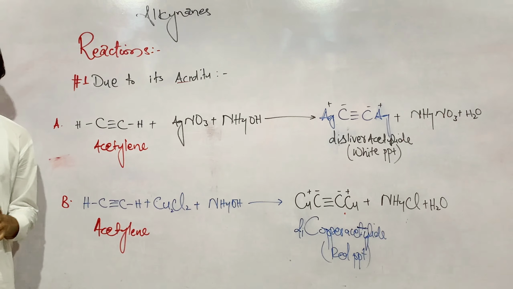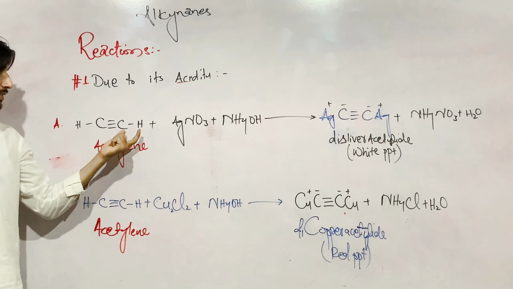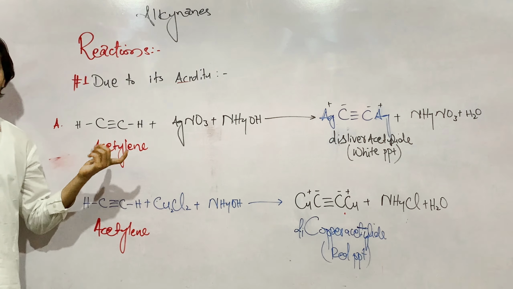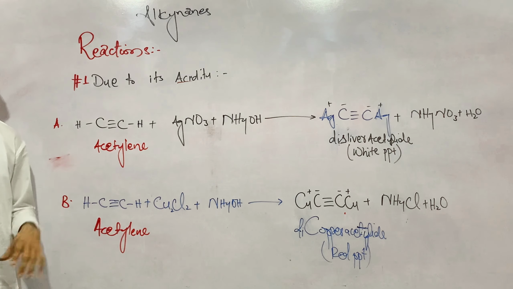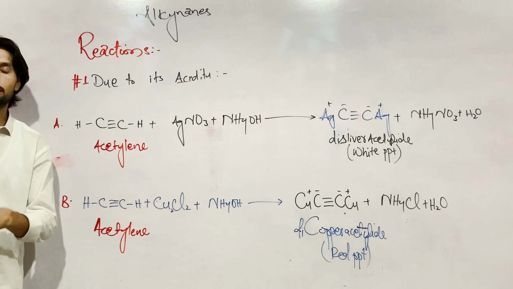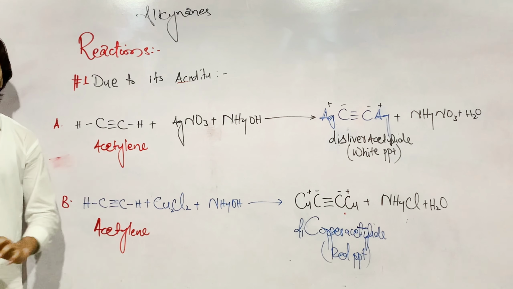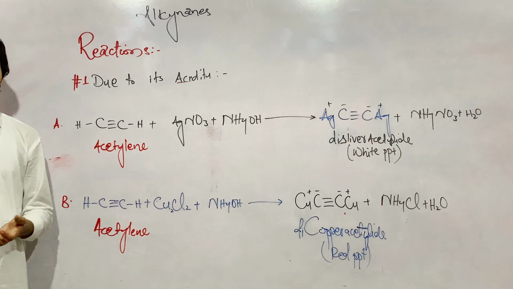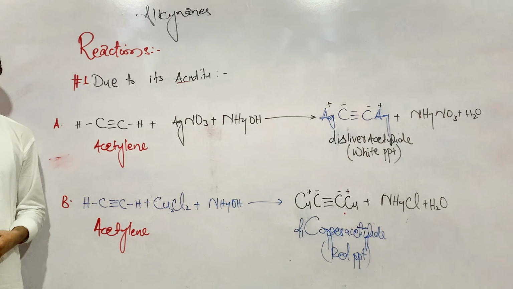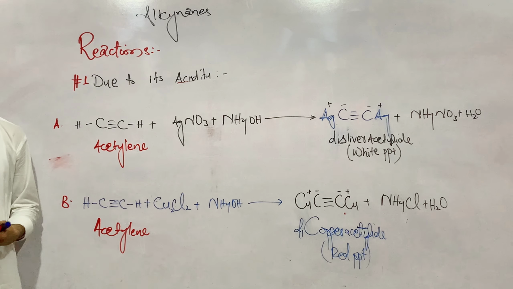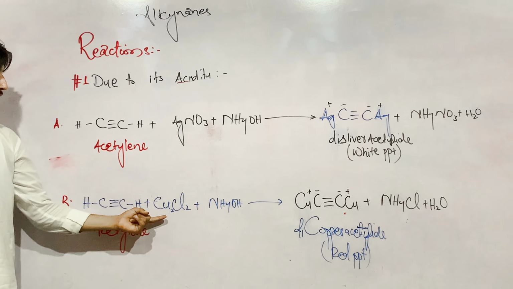Here is another reaction because of the acidity of the proton that is present at the end of the chain. So you will see this reaction given by just the terminal alkynes. Terminal alkynes are those alkynes that contain the triple bond at the end of the chain. So the terminal alkynes contain that acidic proton, and that acidic proton could be replaced by metals, like here silver and copper.